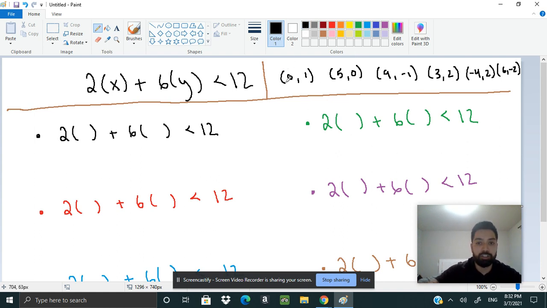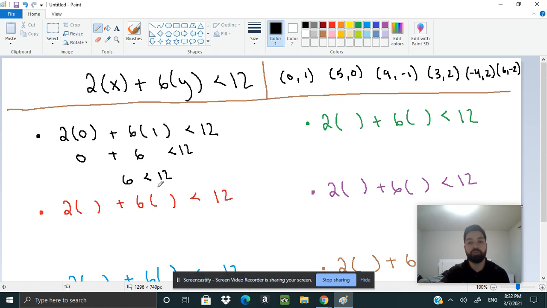So we're going to start off with the first one, 0, 1. All you had to do is take your inequality and substitute the x and the y for the 0 and the 1. Okay, so we substituted in here and in here. All right, time to start simplifying. 2 times 0 is 0, plus 6 times 1 is 6. So this gives us a final inequality that says 6 is less than 12.